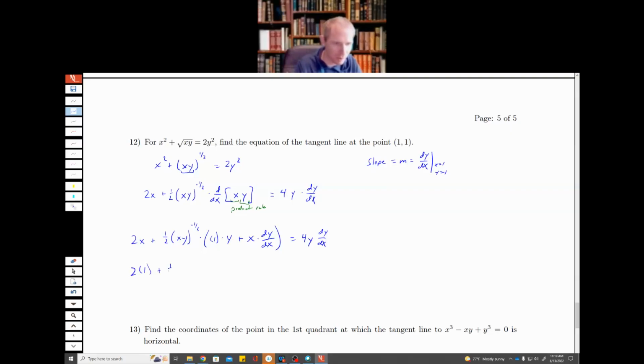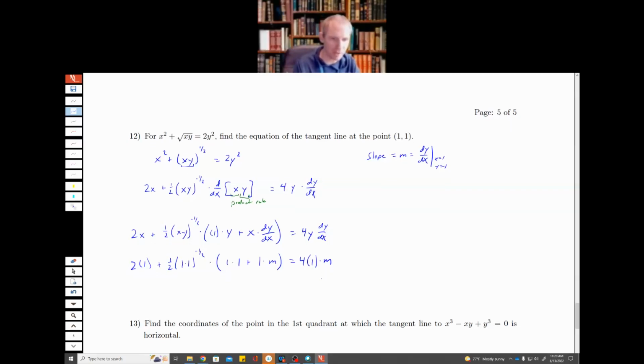So 2 times 1 to the 1/2, 1 times 1 to the negative half, times parentheses 1 times 1 plus 1 times m equals 4 times 1 times m. And now I can solve for the slope m, but I don't have all of these extra variables, and I think that makes the algebra a lot easier.